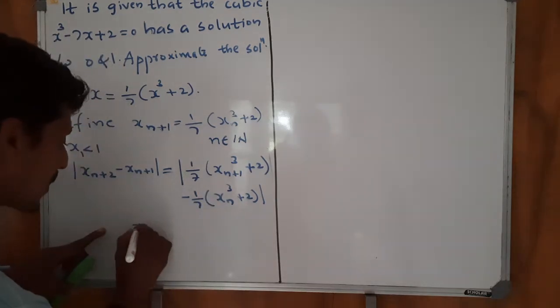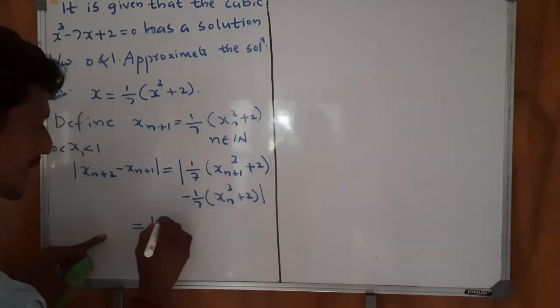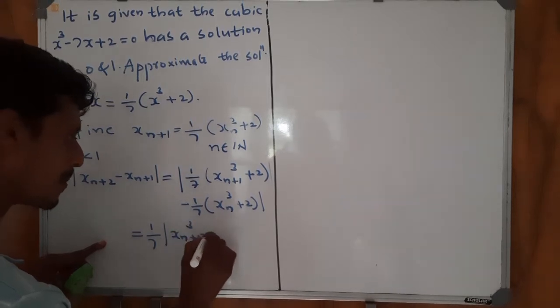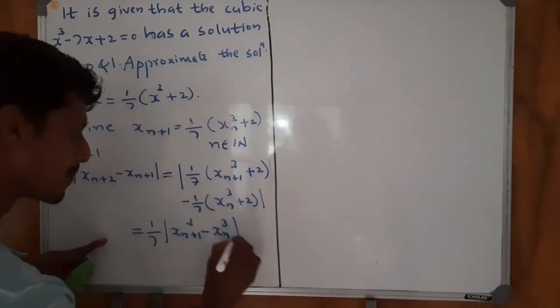So this is equal to 1 by 7 into modulus of xn plus 1 whole cube minus xn cube.